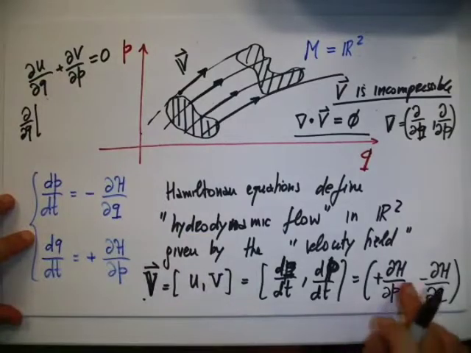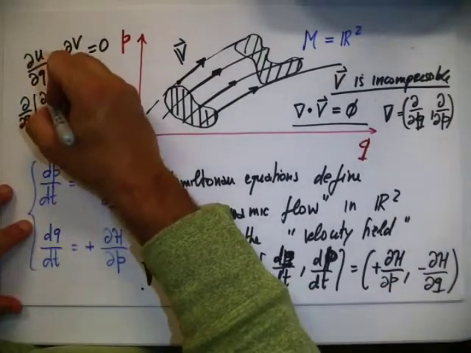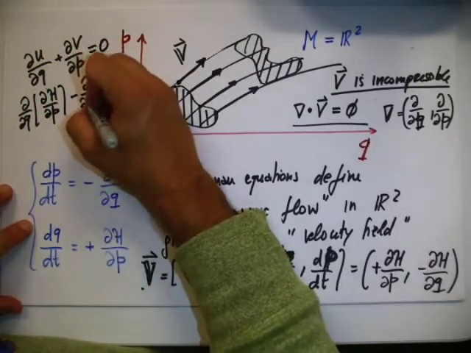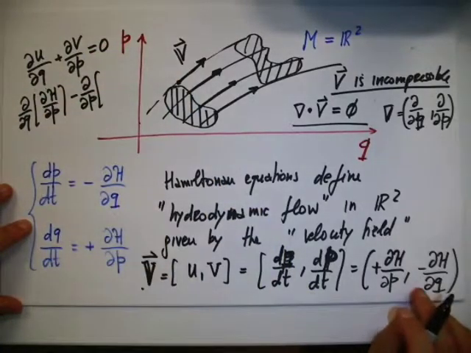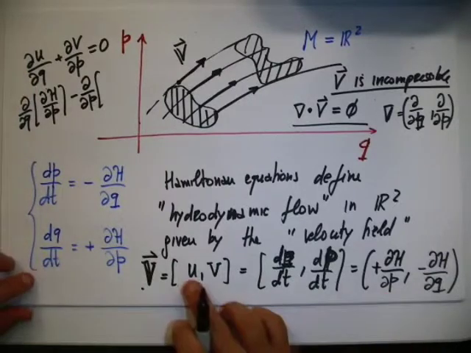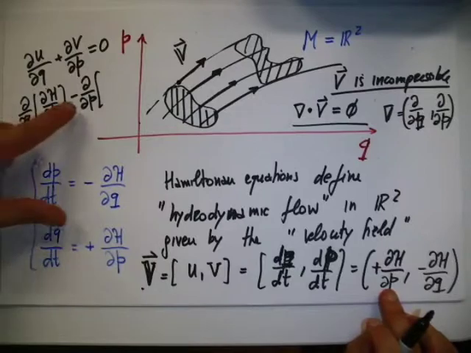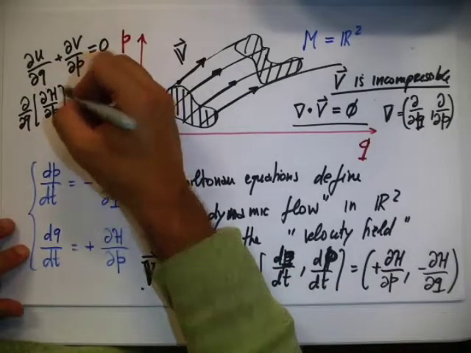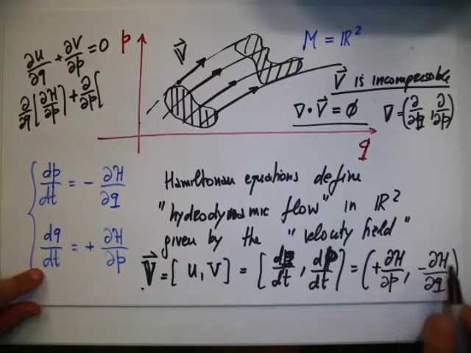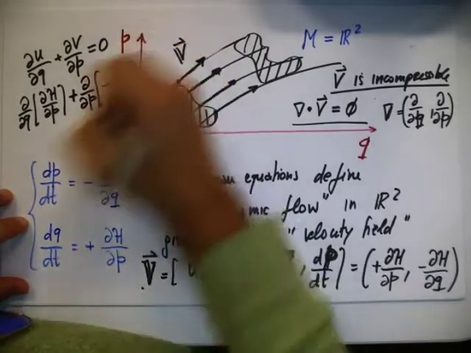Partial with respect to Q of dH dP, minus partial of P of, okay, du/dq is equal to this, plus the partial with respect to P of V, but V is minus dH dQ.